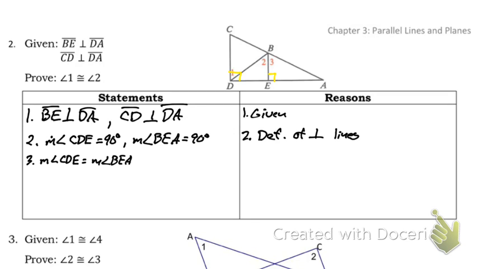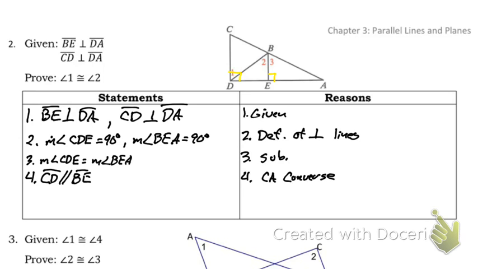You don't necessarily need that step. It's just nice to flush things out. I guess I would use substitution there. Then I would go ahead and say the lines are parallel, that CD is parallel to BE because corresponding angles are congruent. So we can use our corresponding angle converse.